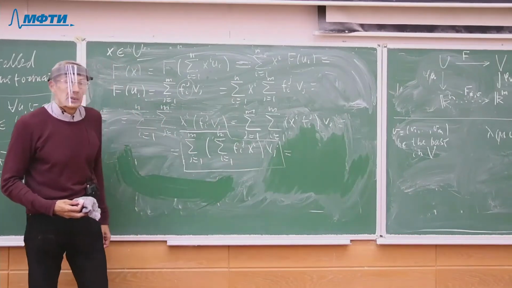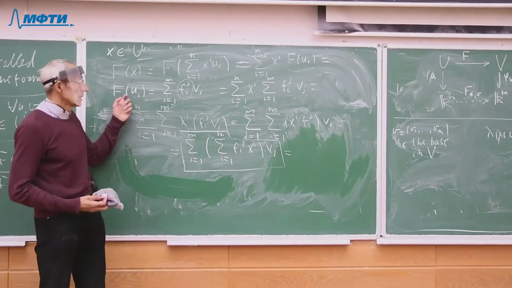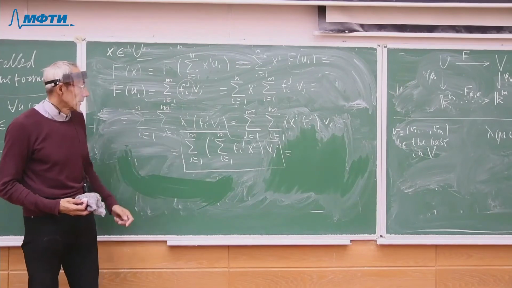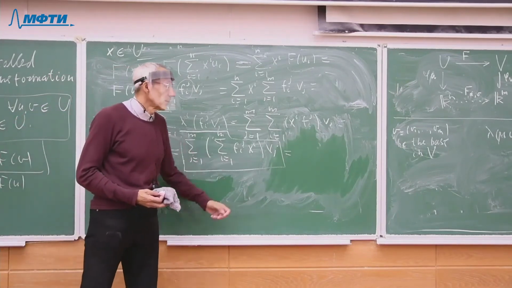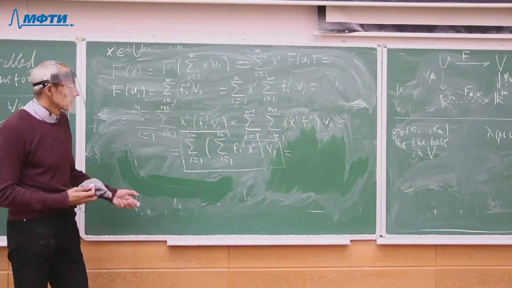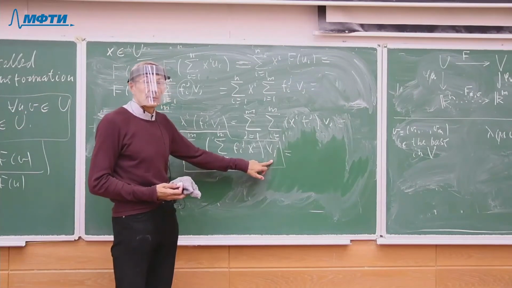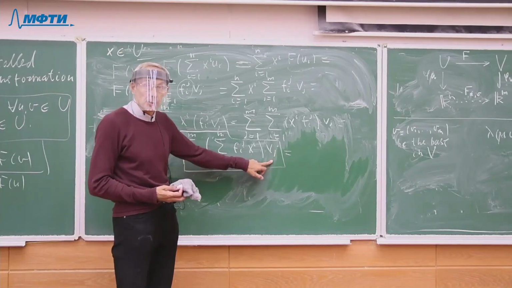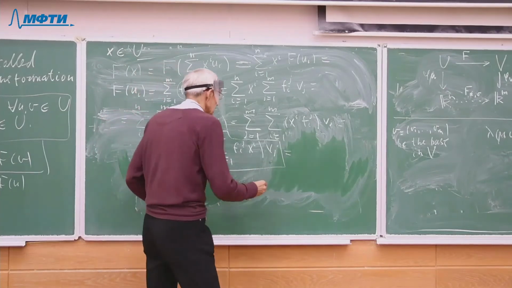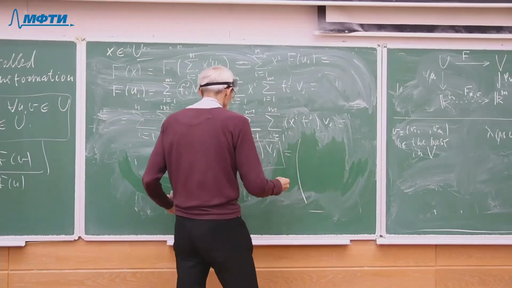I obtain the decomposition of this vector in terms of the elements of the second basis V in the vector space capital V. I obtain the following decomposition.